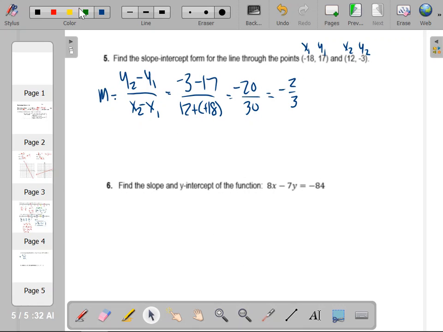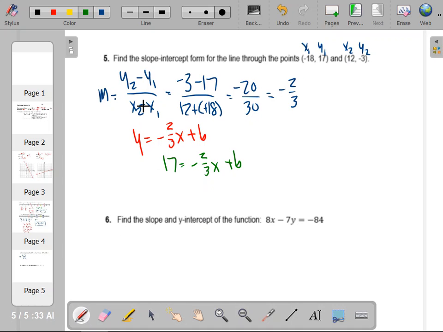We've got it now. We need to do the same thing we did before, where we wrote y equals mx plus b. So what I'm going to do is write an equation. I'm going to say y equals negative 2/3 x plus b, and I'm going to plug in an ordered pair. So I'll pick this guy right here. 17 equals negative 2/3 x plus b, and I'm going to go ahead and solve for b. I didn't plug in my x value.